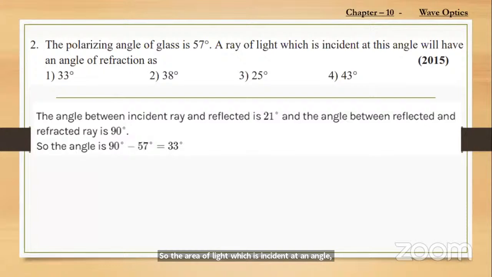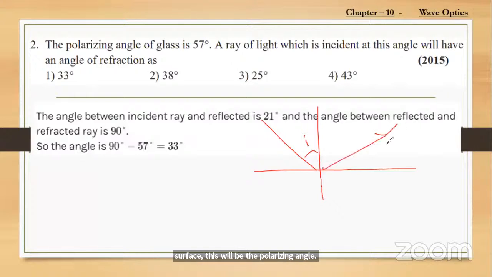When a light ray is incident on a surface at the polarizing angle, the total angle between the reflected and refracted rays should be 90 degrees.